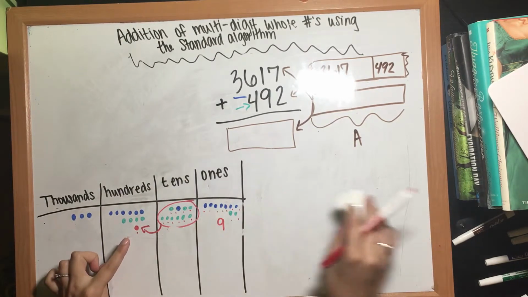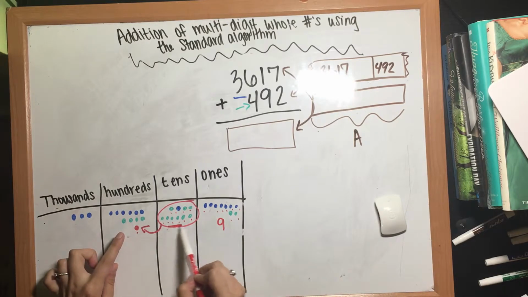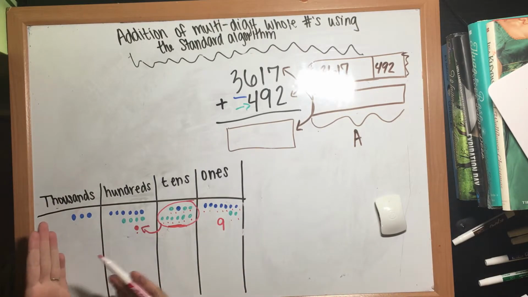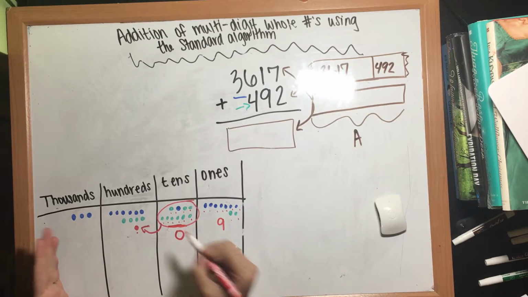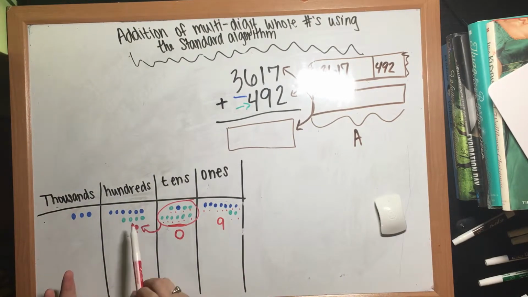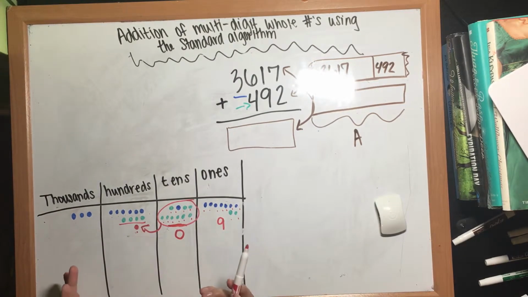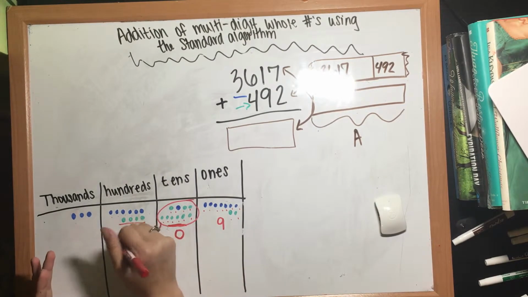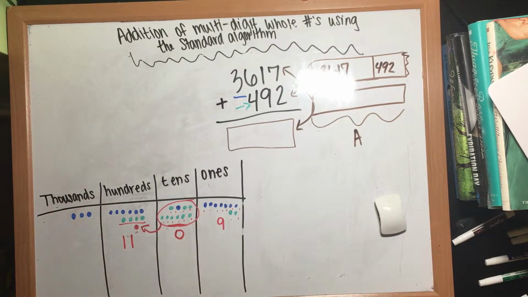So you can tell them to count how many discs they have left after they've moved the 10. And obviously we have nothing, so I'm going to put a 0. And we can move on. In the hundreds place, we have 1, 2, 3, 4, 5, 6, 10, and then 11. So, is this number okay? Is it a single digit number? It is not. So we need to regroup.